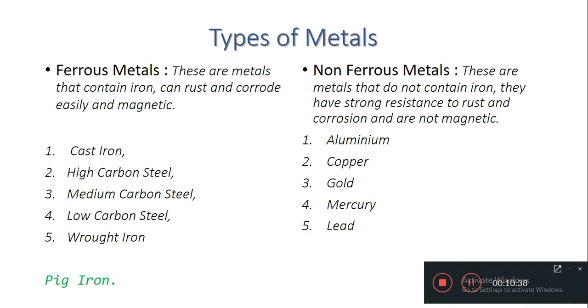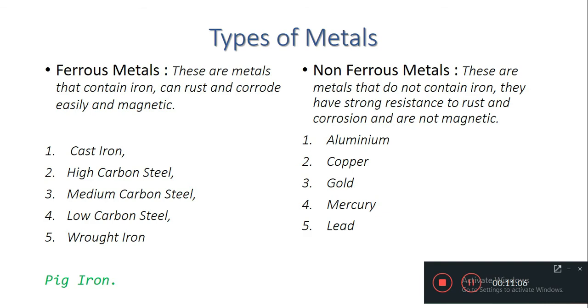Ferrous metals are metals that contain iron. They can rust and corrode easily and can also be magnetic or magnetized, or can be attracted to a magnet. So when you have any metal and you bring it closer to a magnet and it attracts it, you should know that that metal is a ferrous metal.